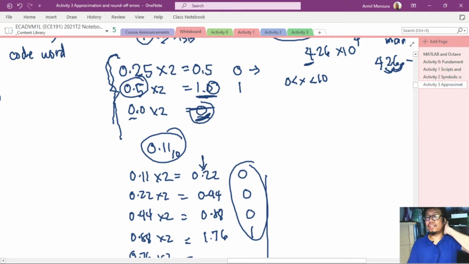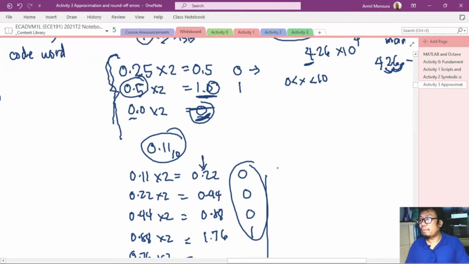But in other cases, reaching this 0.5 will not actually be possible. So most of the time this conversion produces an infinite number of bits. Now here's where the approximation goes.